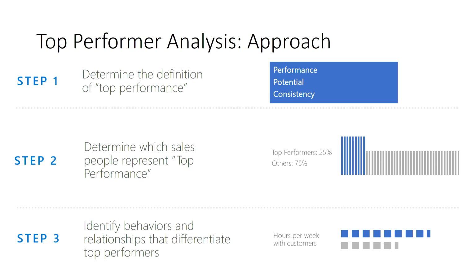So to begin this analysis, the first thing we had to do is define what top performance was. We did this by talking to a number of sales leaders, and we determined that it was a combination of performance, talent, and consistent year-over-year rewards. With those in mind, we were able to identify top performers by region and then take a deeper look into what behaviors and relationships they had that were very different from their peers.